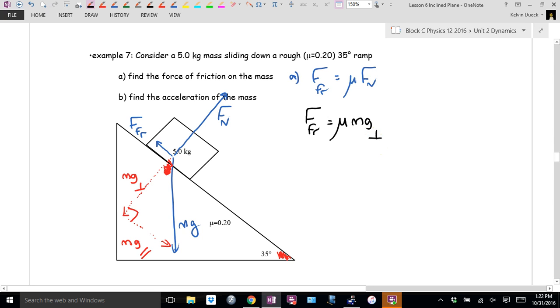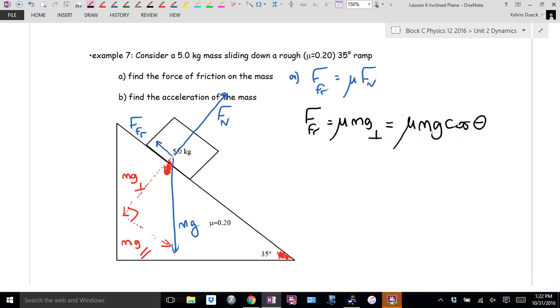Which trig function was perpendicular? Parallel was 2 lines. That one was sine. So which trig function is the perpendicular component going to be? Of course it is cosine. If you want me to do it generically, it'll be mu mg cos theta. By the way, the only way that would change is if instead of giving you the angle of the ramp, they gave you this angle up here.